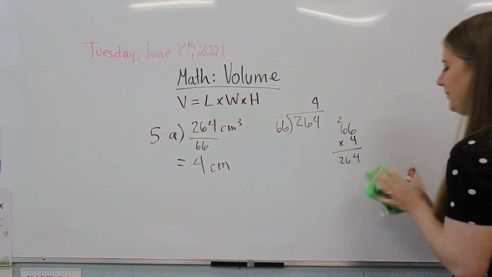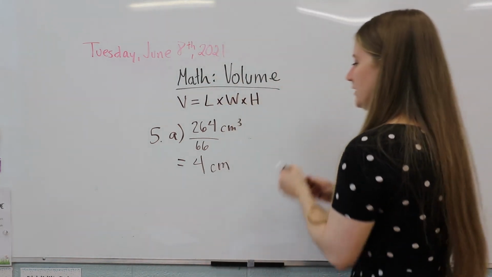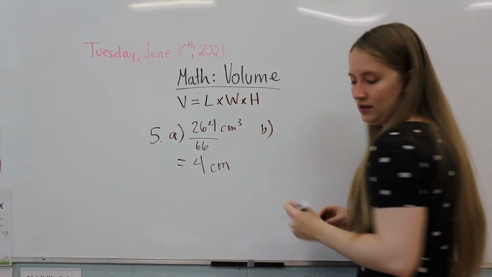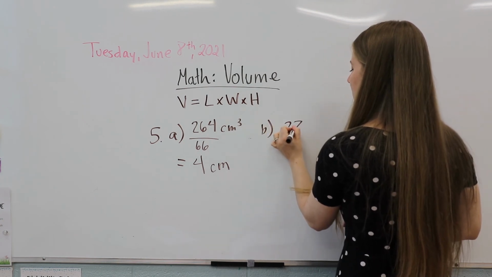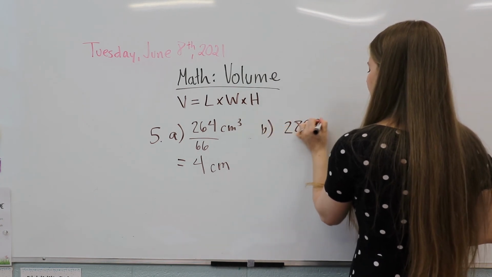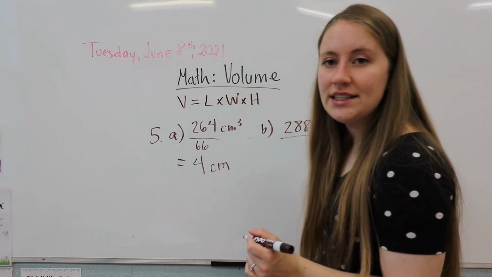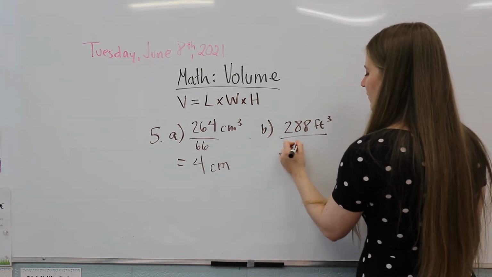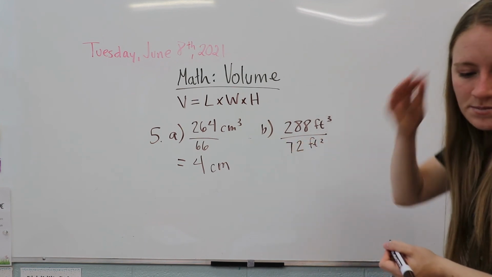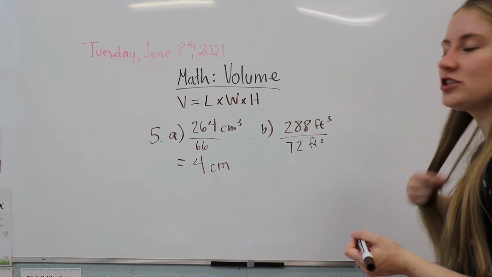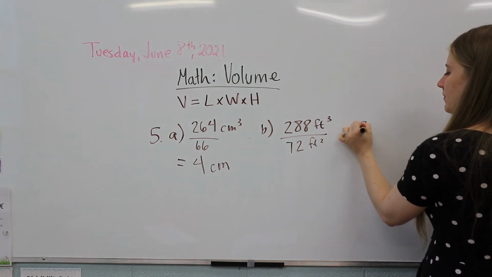So let's do one more. So B, they've given us a volume of 288 feet cubed, okay? And the area of one side is 72 feet squared. Okay, so again, we're gonna try the guess and check method for our division.